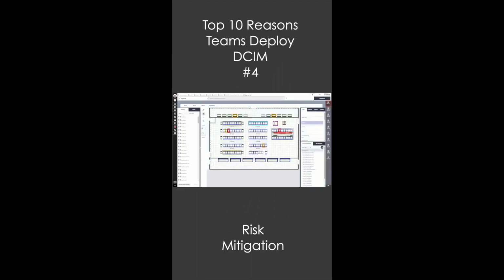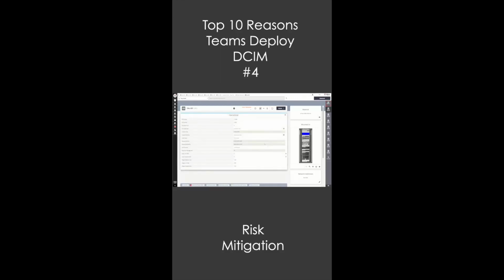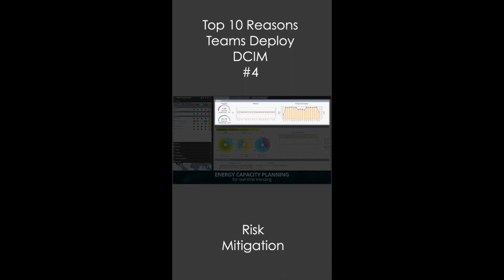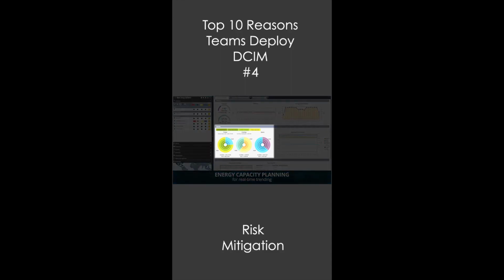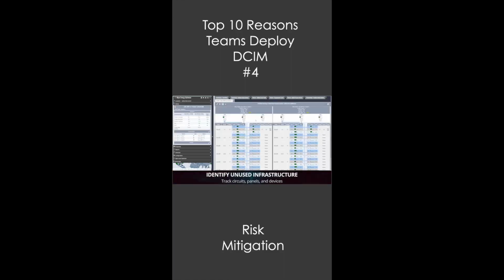Number 4 is risk mitigation. And risk mitigation is one of those concepts that can take many forms because there are different types of risk in the data center. Power outages, running out of capacity, cyber threats, personnel making mistakes. In a sense, DCIM forces consistent processes, which is just general good data center hygiene, which helps mitigate risk in general. And with that consistency, you avoid outages. Good power and cooling monitoring helps also reduce outages.